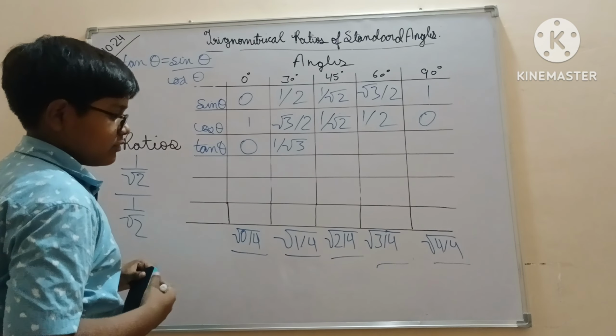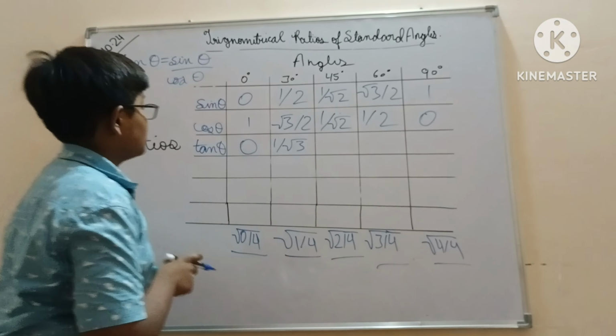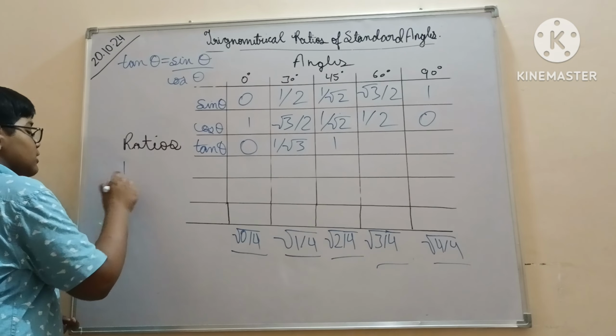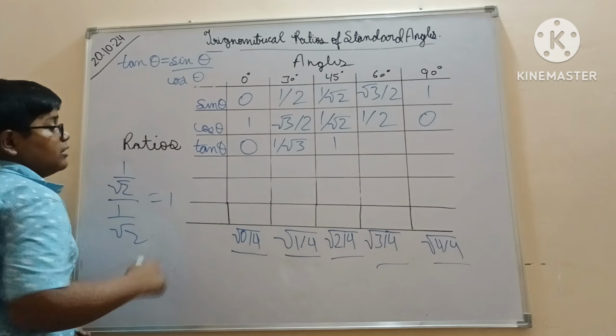So if any number is divided by the same number only, then the value will become 1. So tan 45 will become 1, as 1 divided by root 2 divided by 1 divided by root 2 will be equal to 1 only.